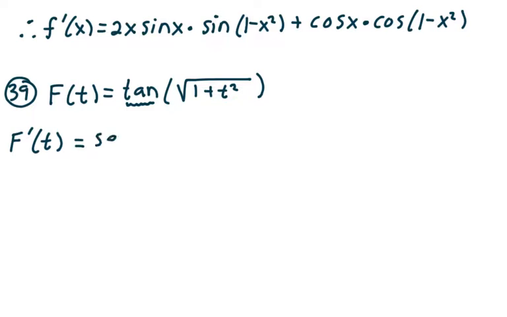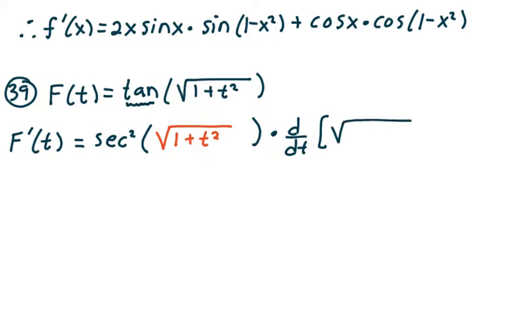So I'm going to write secant squared of some stuff. The stuff ends up being the inside function, which in this case is the square root of 1 plus t squared. And I'm going to take that result and multiply by the derivative of the square root of 1 plus t squared. And again, we're differentiating with respect to t.